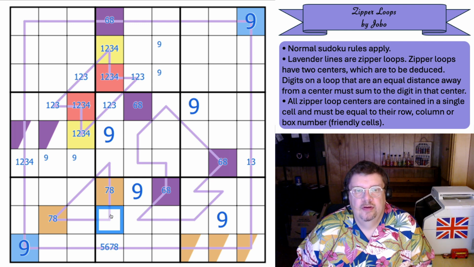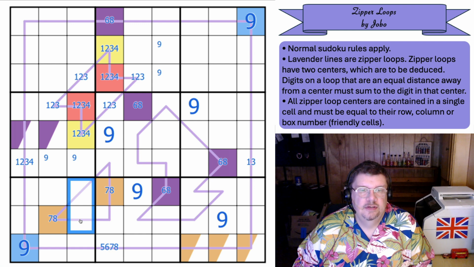But the point is we have a digit that is from 1, 2, and 3 in one of those two slots, and therefore that gives us all of the 1, 2, 3, 4 in the column. We have a 9. This is 5, 6, 7, and 8.